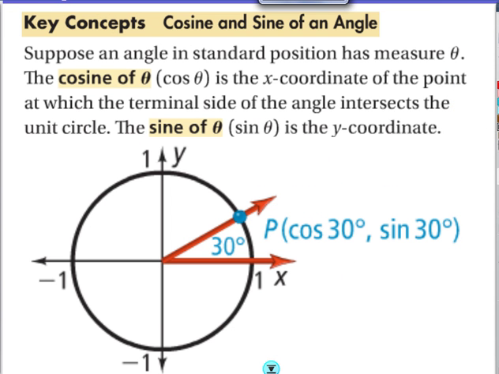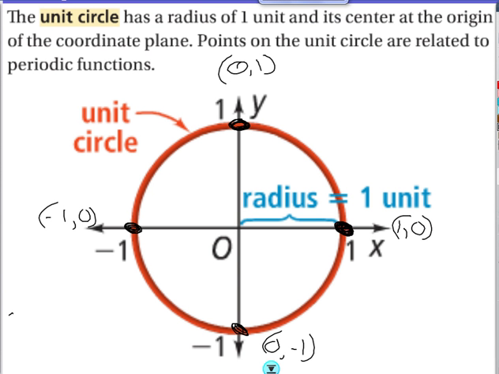They're giving us a concept right here of cosine and sine of angles, and they're giving us coordinates that go along with them. I want to show you where that comes from. Okay? Back to my unit circle. If I were to draw a 30-degree angle right there, I can find the coordinate of that point. How?